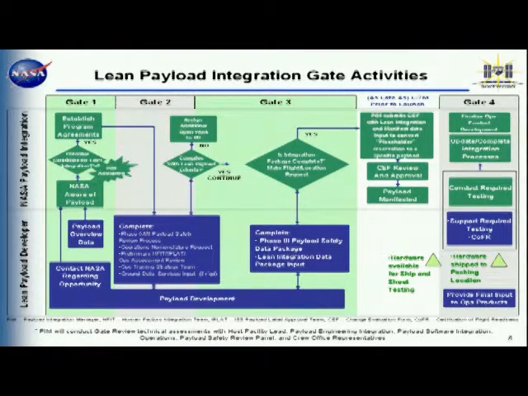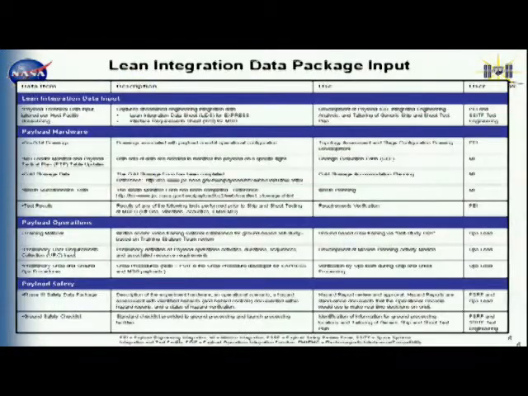Okay, let's move on to the next slide. This is a chart which lists everything you submit at the end of Gate 3 as part of your lean integration data package. There is technical data that we'll request from you. For express subrack payloads, we have a new tool called the Lean Integration Data Sheet, asking you information about your resource uses.